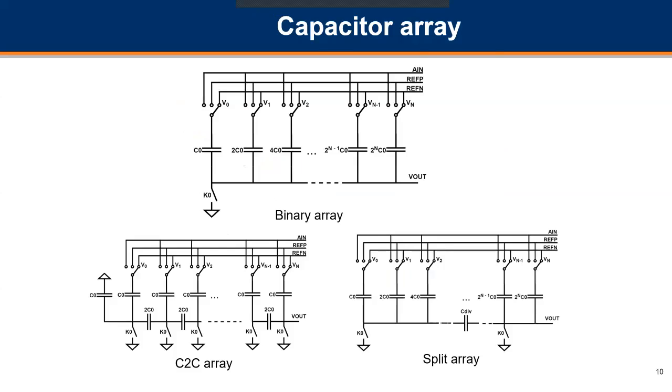First, the simple binary array, where each capacitor is twice the next. One sampling key, K0, is required, but for a large number of bits, this array cannot be physically implemented. The next one is the C2C array, where each capacitor is in a separate section with its own K0 key, and all bit capacitors are equal.